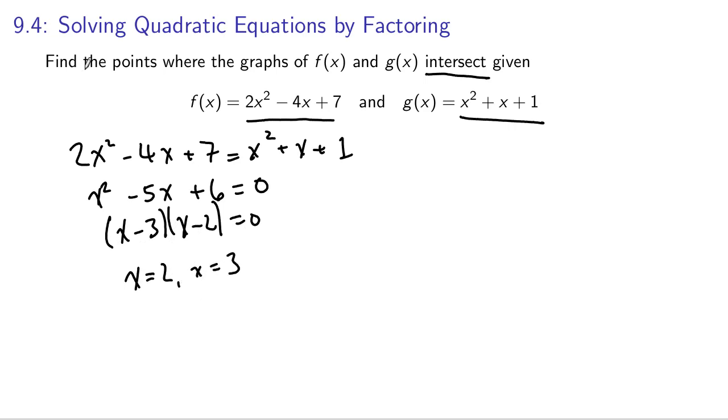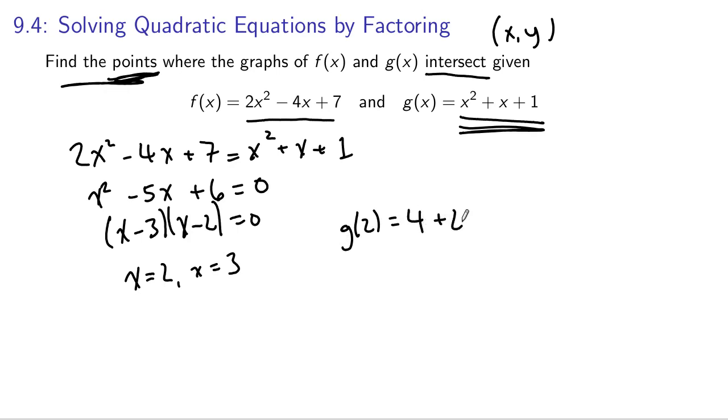Now that's not an answer to the question. The question was find the points, so we need to find the points as an xy pair. We've got two x values. We need to find the corresponding y values. I'll use this function to find them because it looks easier to evaluate, and it doesn't matter which we choose since they're equal at these inputs. So g of 2 would be 2 squared is 4, plus 2 plus 1 is 7.